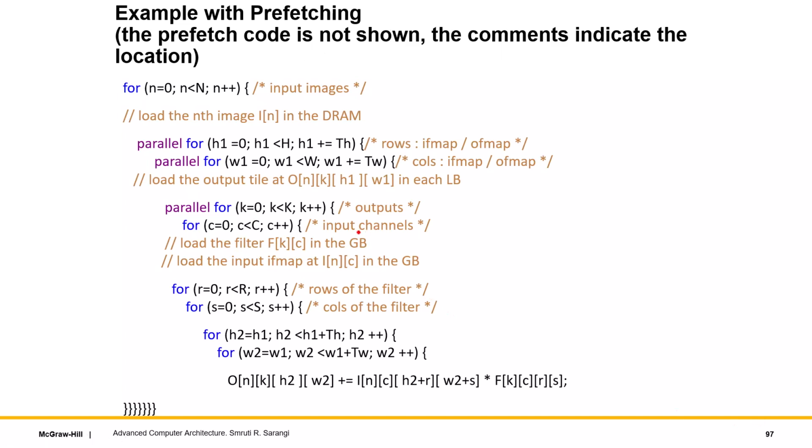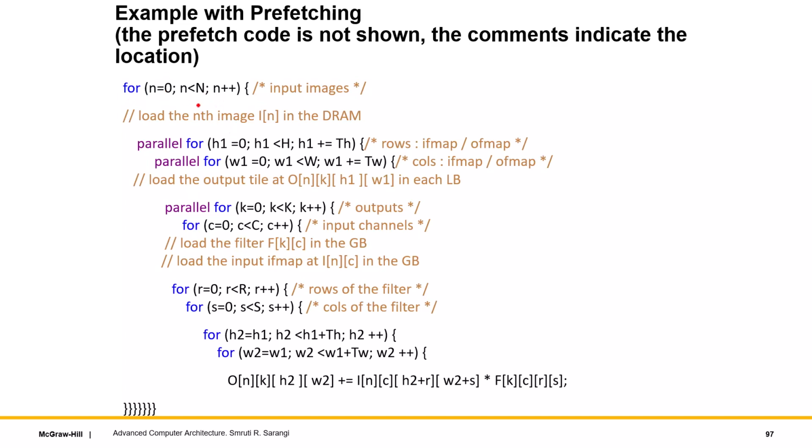So here is an example with prefetching where the code for the prefetching is not shown but is there in comments. So the assumption is that we will have a smart DNN compiler. There are many such compilers in the market, and what they will basically do is add this code to prefetch data from the lower level.